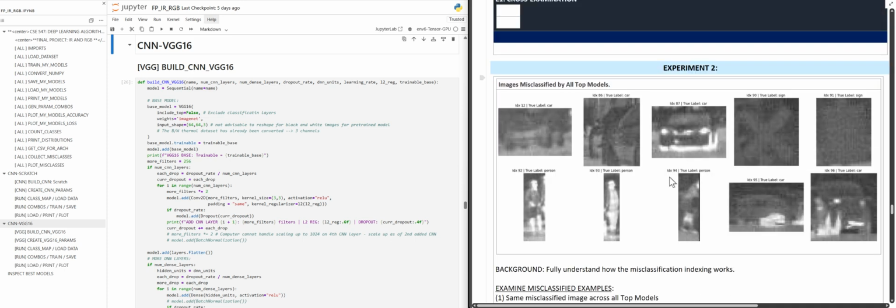So experiment 1 is the hyperparameter tuning. Experiment 2 is identifying misclassified images. I might change this or come up with more, or maybe this is too much, but basically I want to look at images that are misclassified across all the top models for all architectures, where the same image is misclassified.